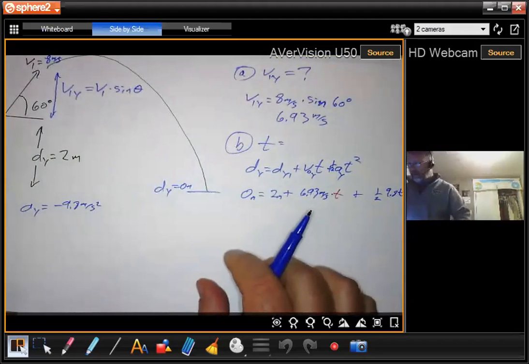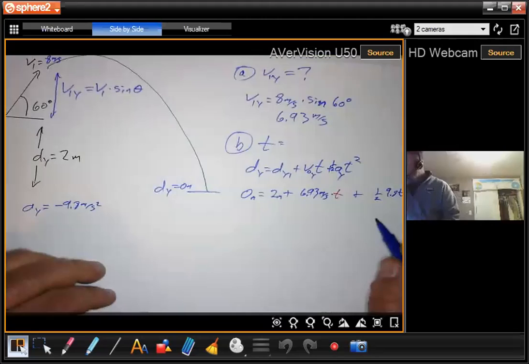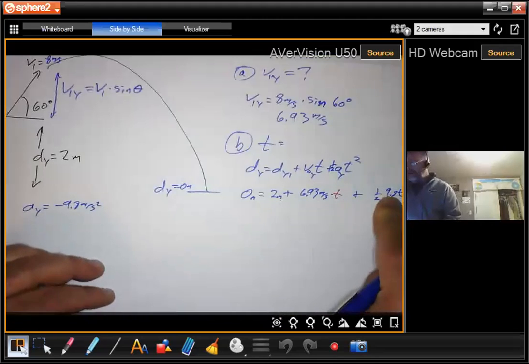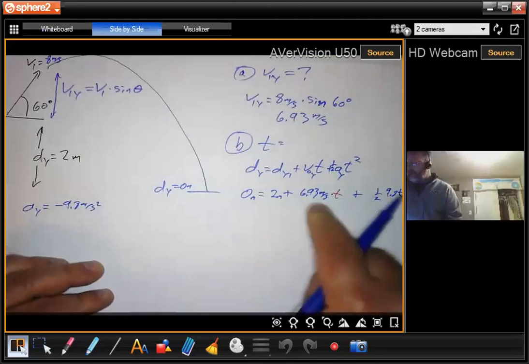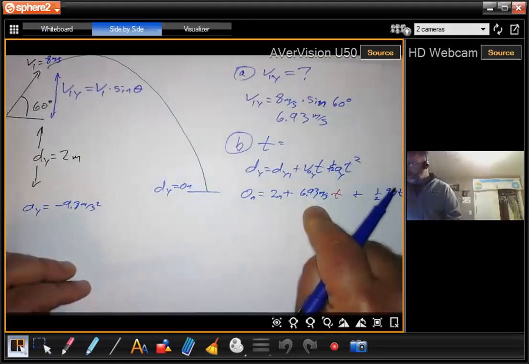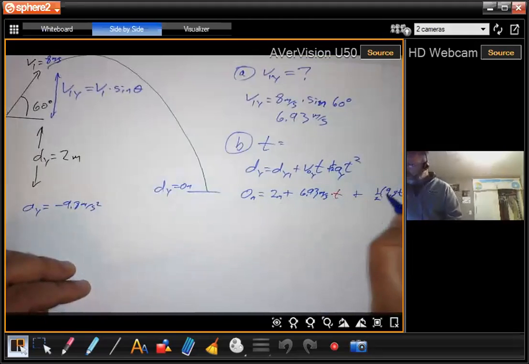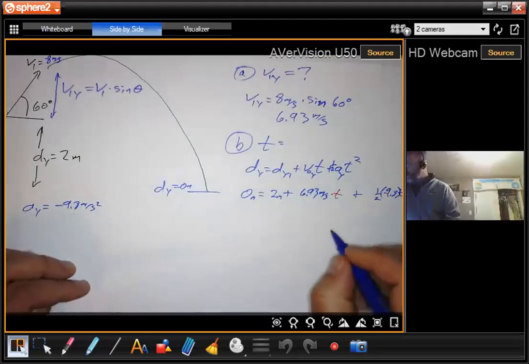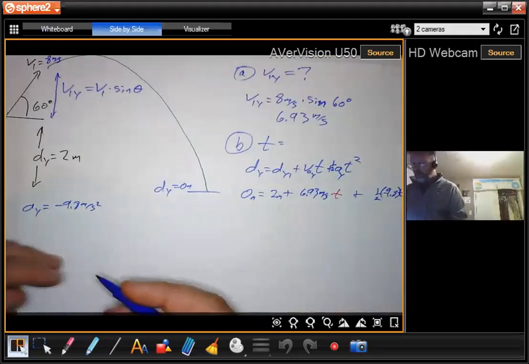Not beautiful, but it kind of works. I have not put any signs in here yet because I want to talk about what's up and what's down. So she started up above the ground, she jumped up, but she was pulled down. That's how we're going to have to fill this out here.